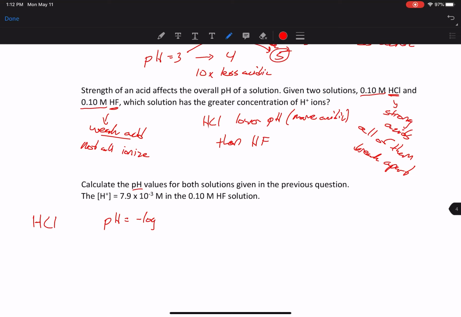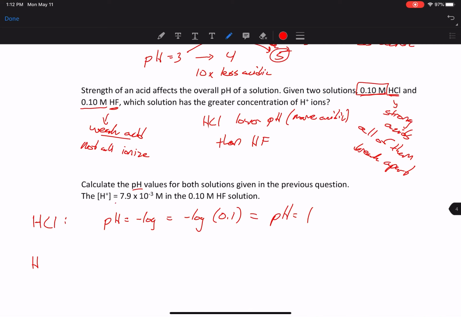Now the concentration of hydrochloric acid is 0.1 molarity, and since every single one of those molecules will break apart, that means you'll have the same concentration of H+. So we take the negative log of 0.1. So that means we'll have a pH of 1 for the HCl.